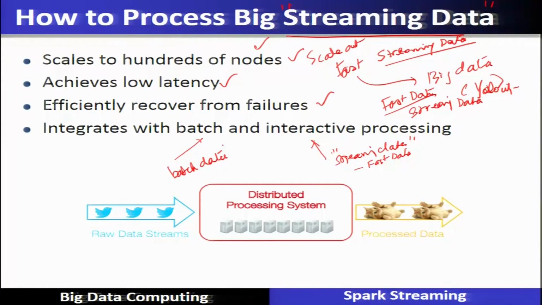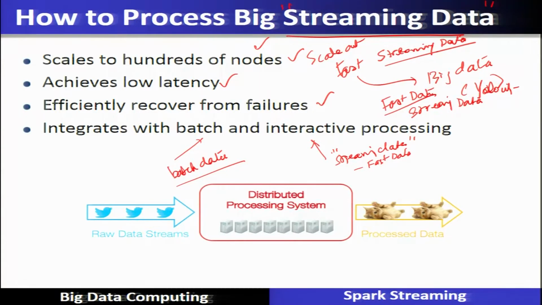So there are two different modes of data, one is batch data, the other is streaming data. Some applications require the integration of both these types of data, and they have different stacks to be processed. So how are we going to integrate them?